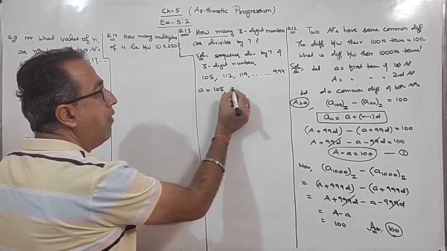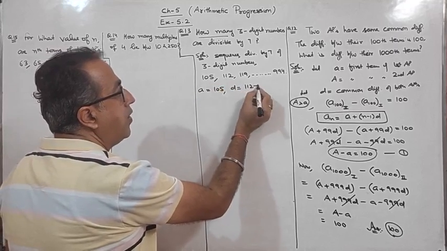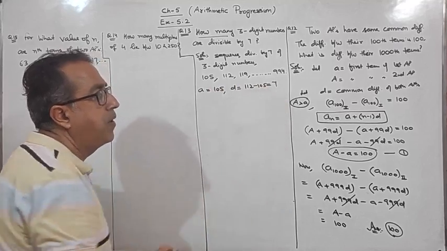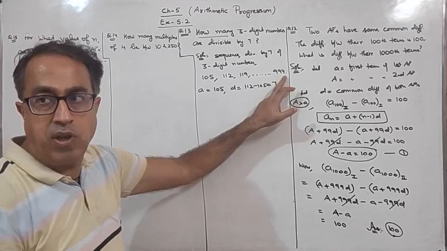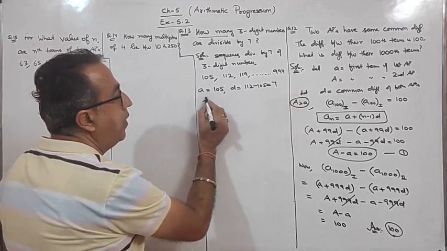A is 105. D you can calculate, 112 minus 105, 7. You can see the last term is given now, 994.